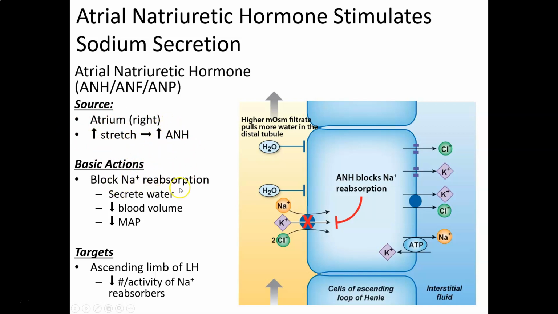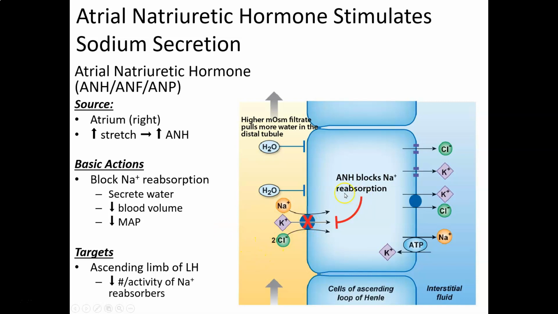Its basic action is to block sodium reabsorption. So if you remember from aldosterone, we said that aldosterone increases the activity and number of sodium reabsorbers. But in this case, right, the basic action of ANH is to block these receptors.